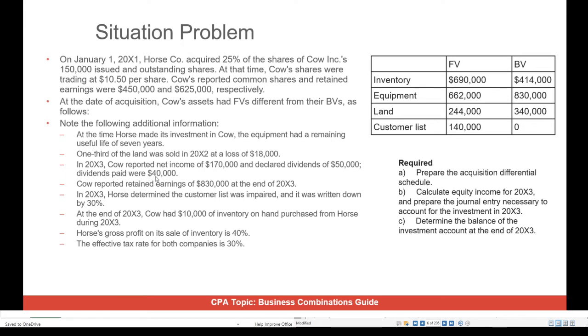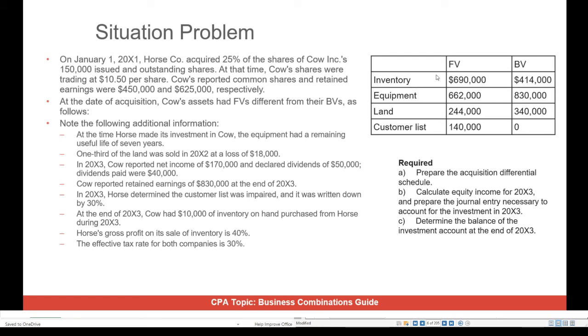The dividends were paid $40,000. Cow reported retained earnings of $830,000 at the end of 20X3. In 20X3, Horse determined the customer list was impaired and it was written down by 30%. At the end of 20X3, Cow had $10,000 of inventory on hand purchased from Horse during 20X3. Horse's gross profit on its sale of inventory is 40%. The effective tax rate for both companies is 30%.